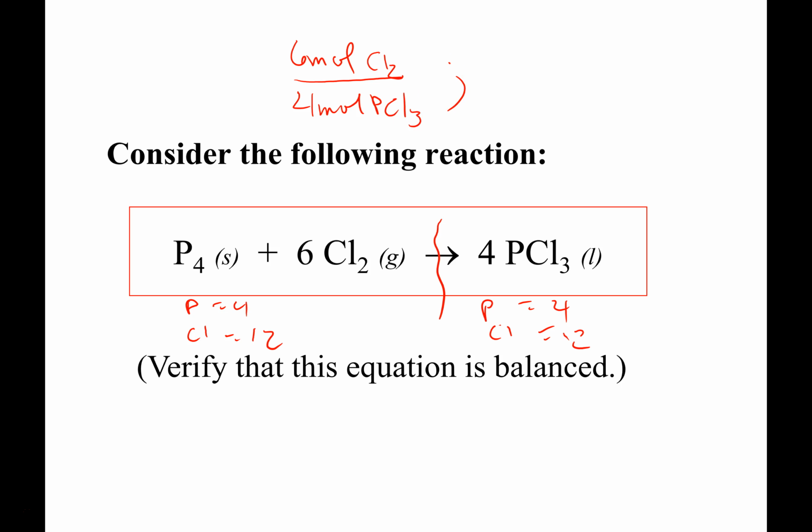If I want to pick on P4 and PCl3, I could say that 1 mole of P4 will react for every 4 moles of PCl3 that are formed. And the way the pattern goes in working these grams to grams problems, that ratio is going to be in the heart of your problem.